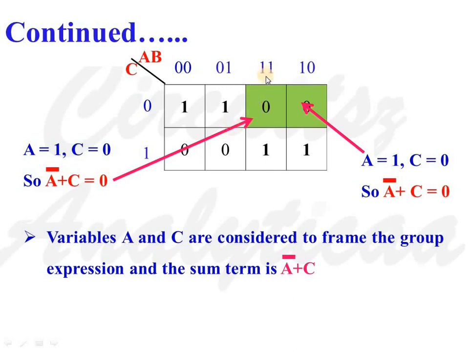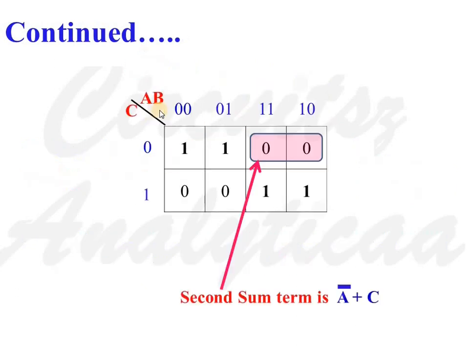And if value of a variable is equal to 1, that variable appears in the sum term in complemented form, and if value of a variable is equal to 0, that term appears in true form. Therefore, expression for this group is A bar plus C. So second sum term is A bar as A is equal to 1 plus C as C is equal to 0.